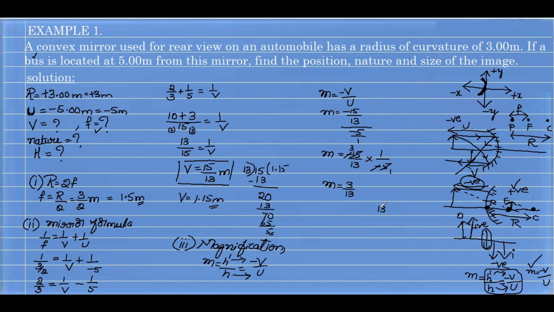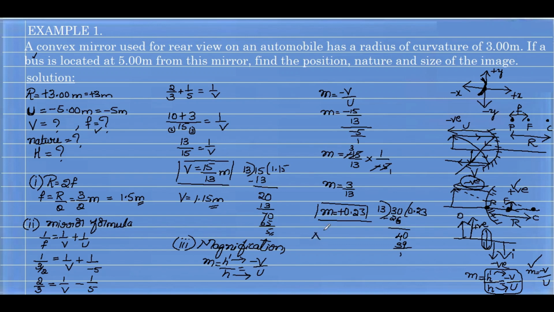Next we need to divide this. 13 2s are 26, 4 remaining, 13 3s are 39. This much is enough. So m is equal to positive 0.23.